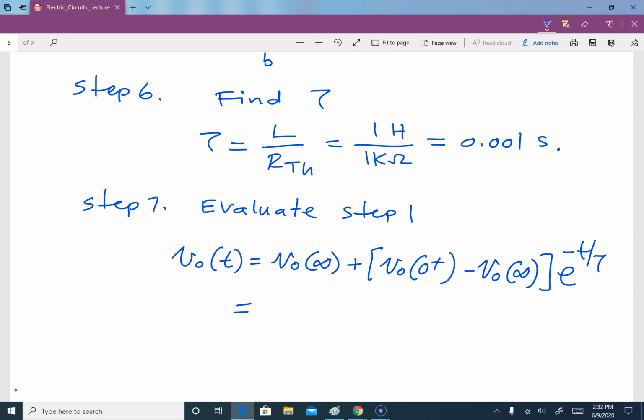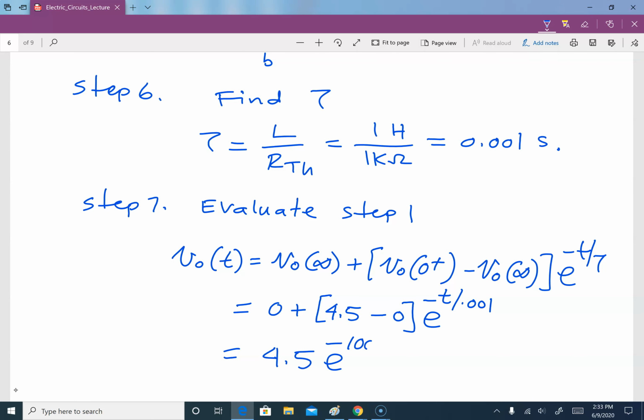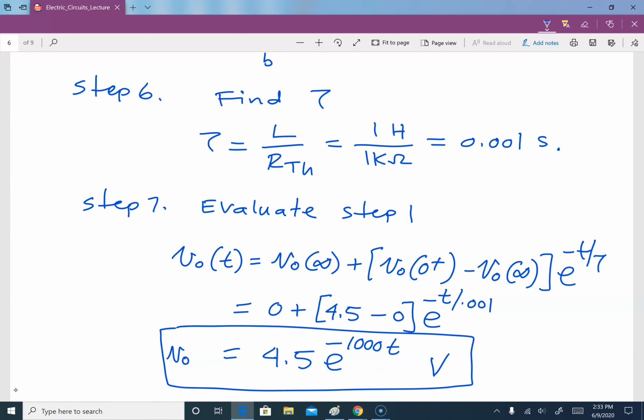So when we substitute, our V naught of infinity came out to be 0 plus our V naught of 0 plus came out to be 4.5, then minus 0 multiplied by exponential of negative t divided by 0.001 for tau. And the final answer is 4.5 exponential of negative 1000 t, and that is in volts. And this is our V naught of t.